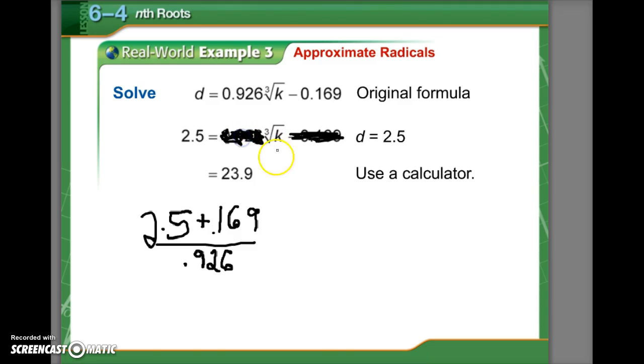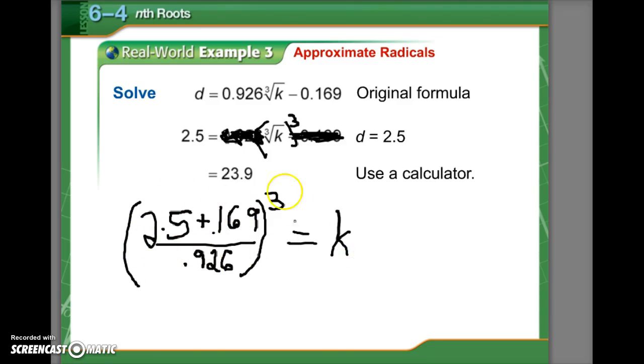So the only thing that we have left on the right side now is the cube root of k, and remember to get rid of the cube root of k, we're going to cube each side. So we're going to take this whole amount right here and cube it, and that's going to give us our k amount. That's the energy.